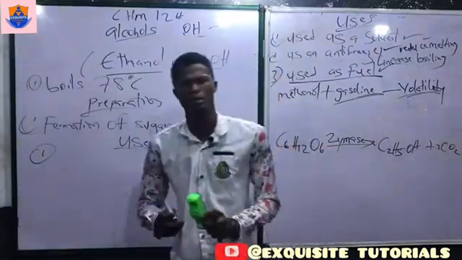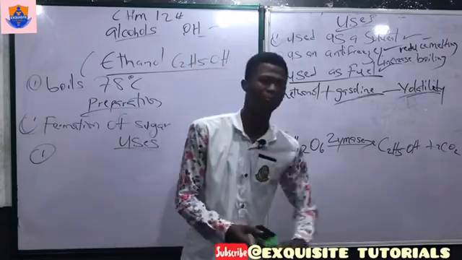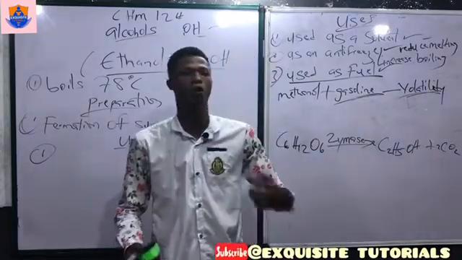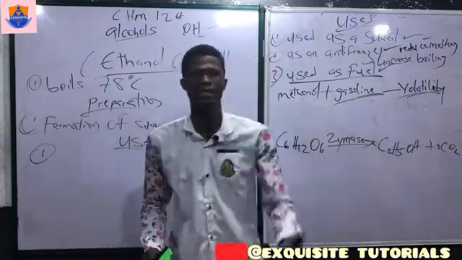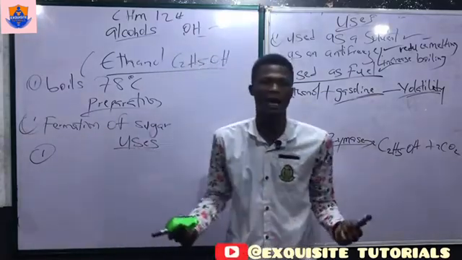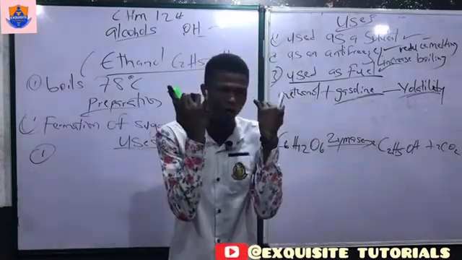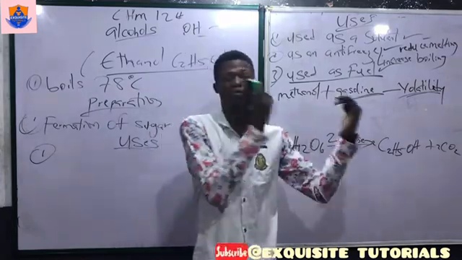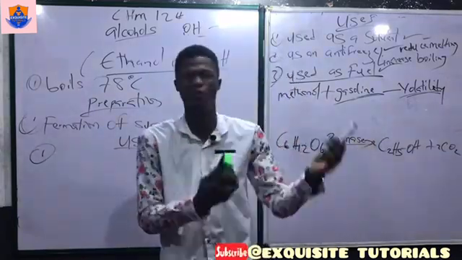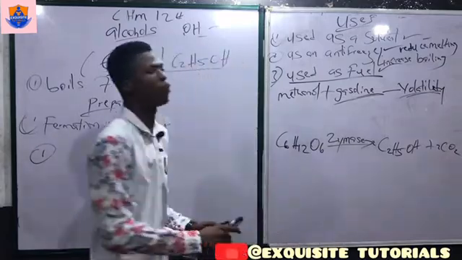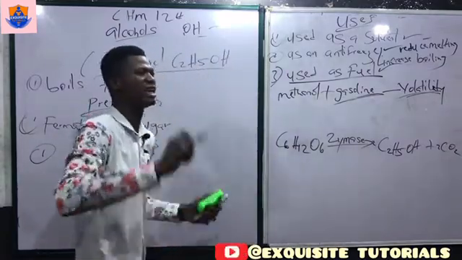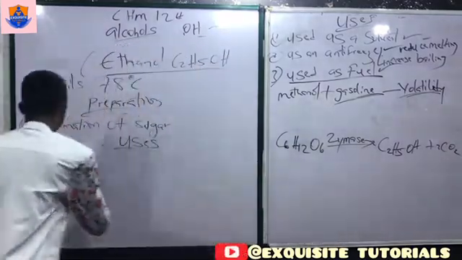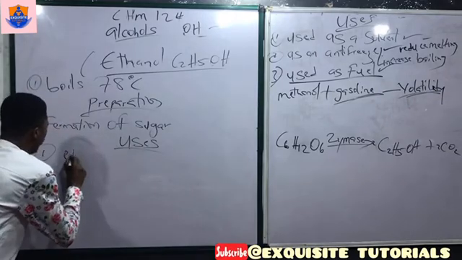You discover that when you take beers or alcoholic drinks or wine, it is intoxicating. It makes you stagger. It has a way of working in your brain, affecting your balance, the part of the brain which is responsible for balance, which is the cerebellum. Now, what is responsible for that intoxicating effect is the ethanol.